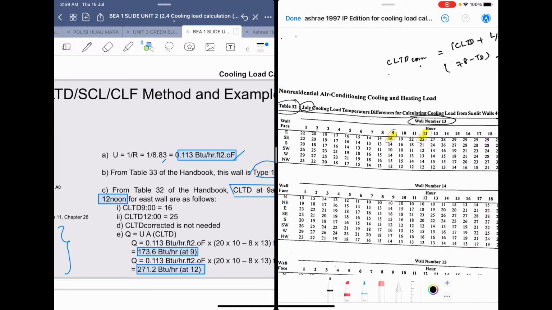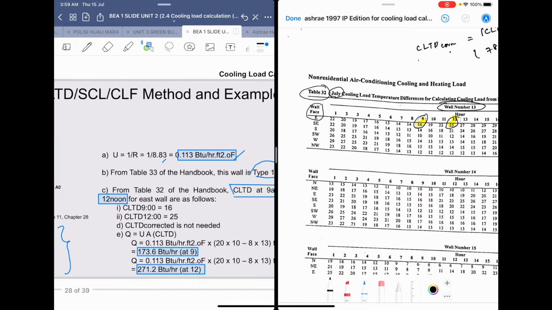So facing the east wall at 9 a.m. the CLTD is 16, while at 12 noon the CLTD is 25. So this is how they got CLTD 9 and CLTD 12.